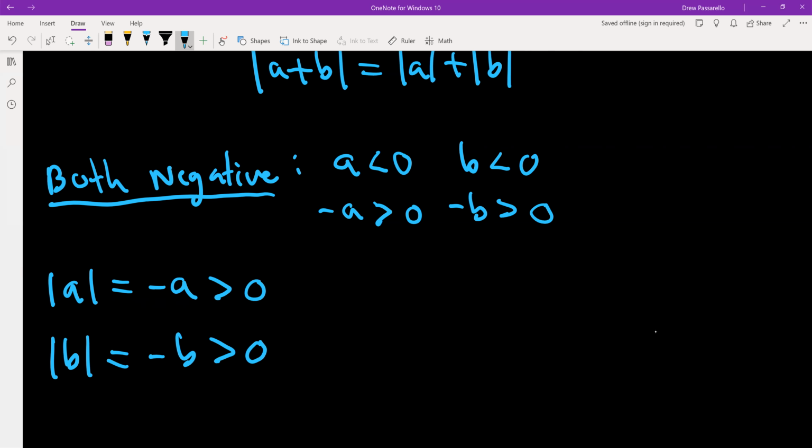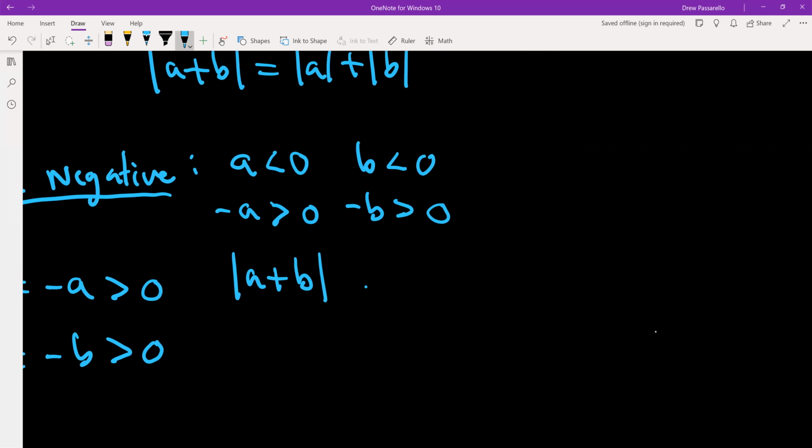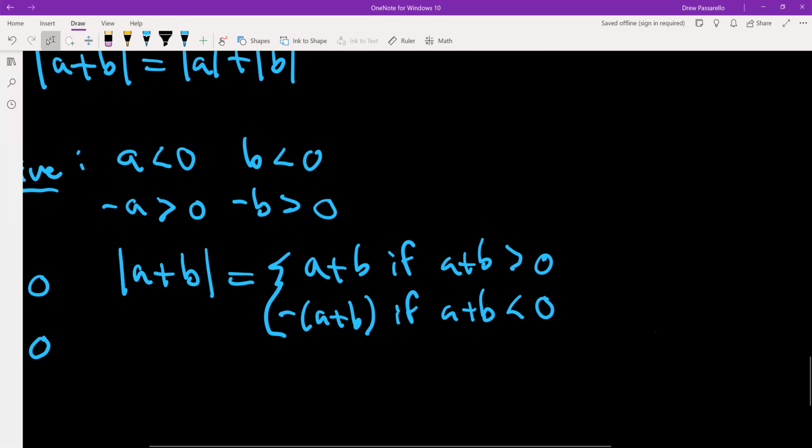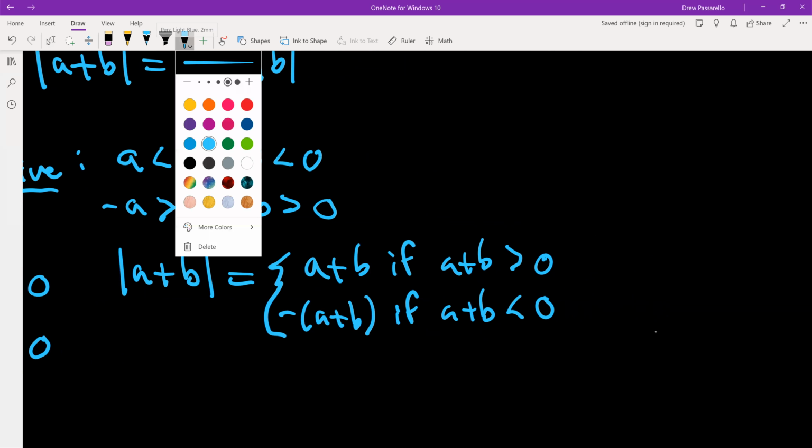Now, when I do the absolute value of a plus b, it equals a plus b if the sum is positive, or it equals negative times a plus b if a plus b is negative. That's just the definition of absolute value. And we have this second option.